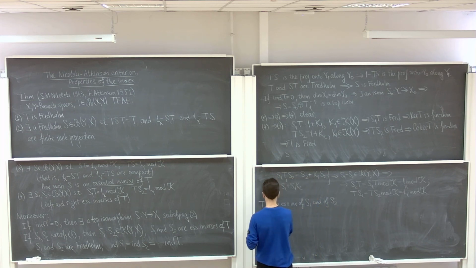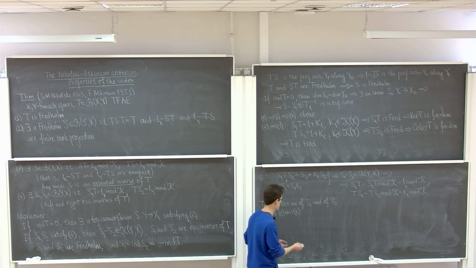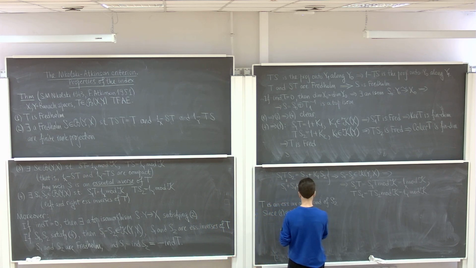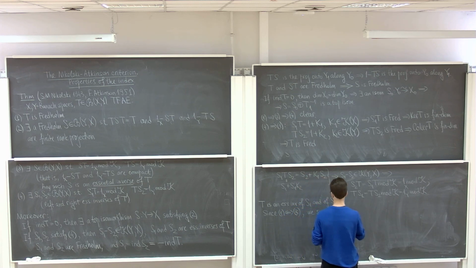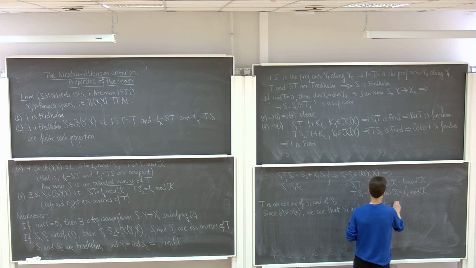And since conditions 1 and 3 are equivalent, we simply apply them to S1, for example, and we conclude that S1 and hence S2 are Fredholm operators. They are essentially invertible. So they are Fredholm.